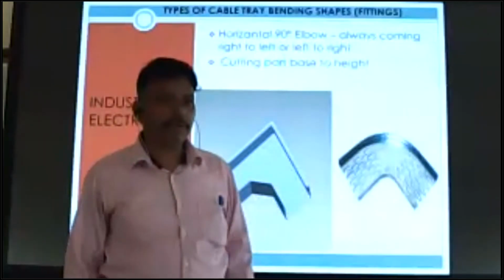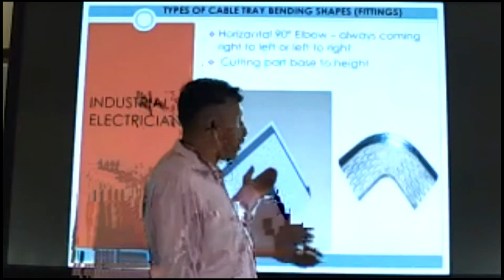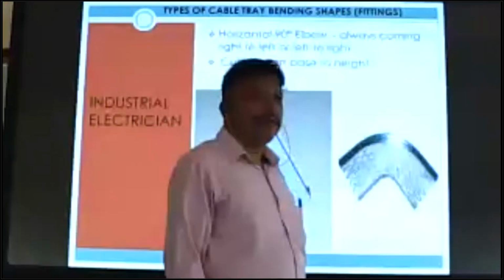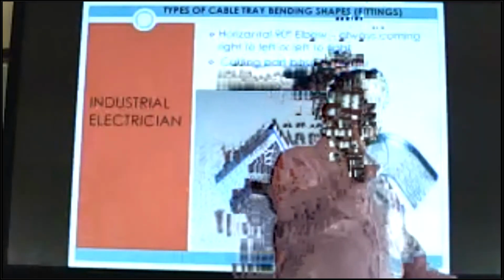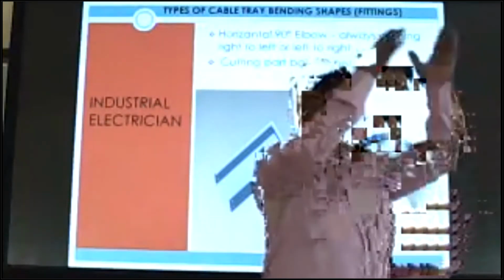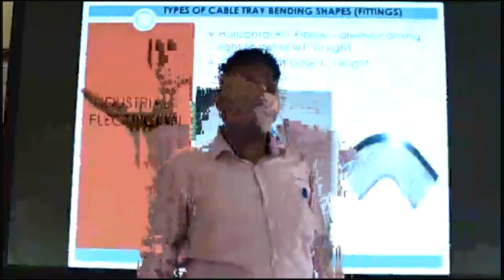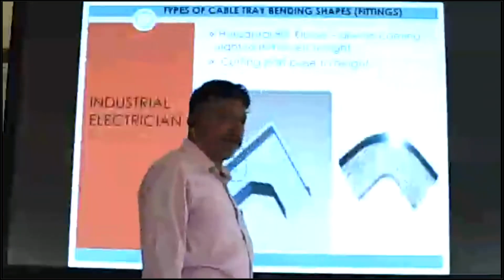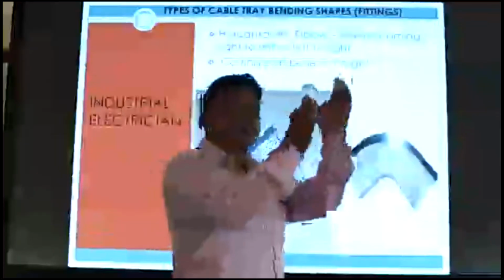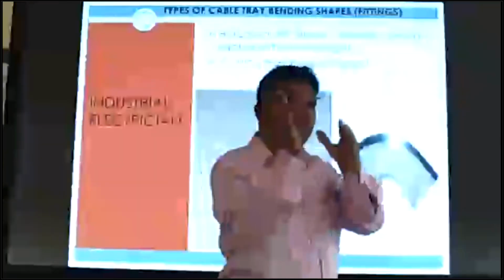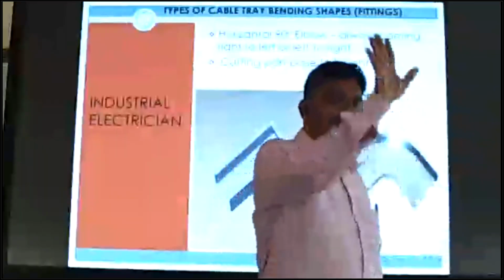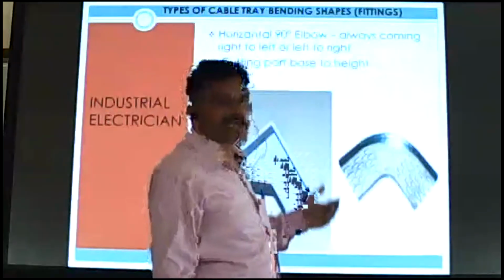We need bends to change the cable tray route from one direction to another, reverse, changing. If we change the direction of the cable route, right to left, left to right, down to up, that time we use cable tray bends and fittings.